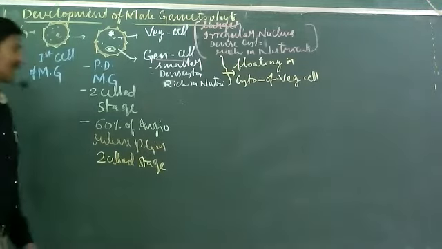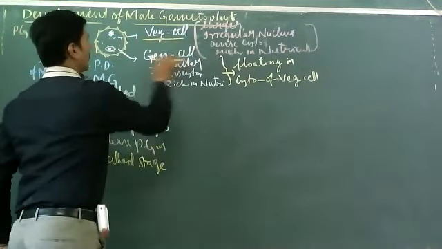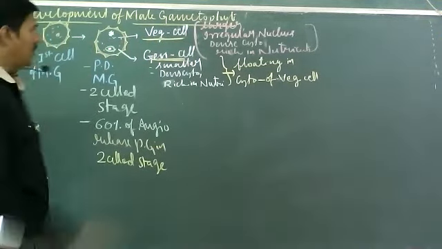So what are the two cells here? Generative cell and vegetative cell. Okay, two-cell stage, it is over.